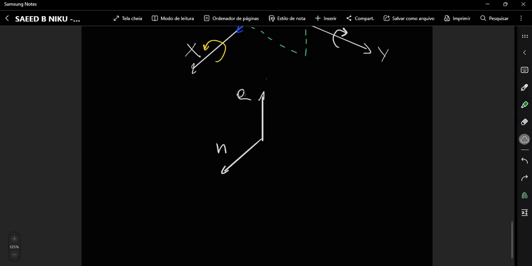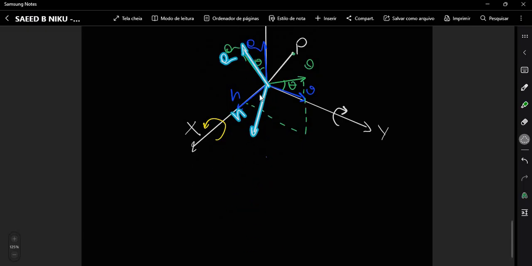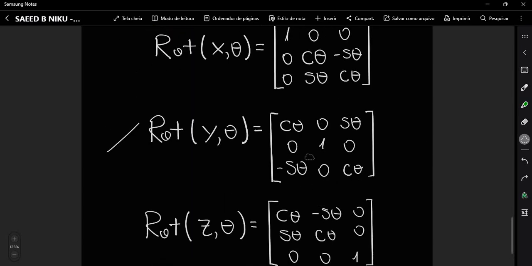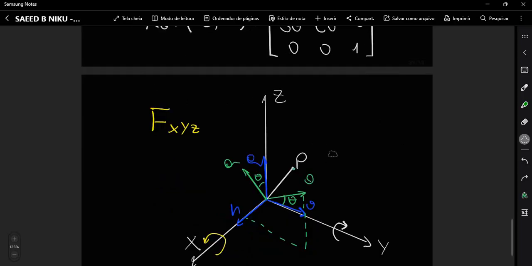And rotating this axis, hope you got it.